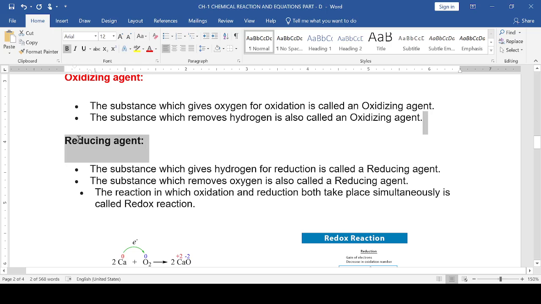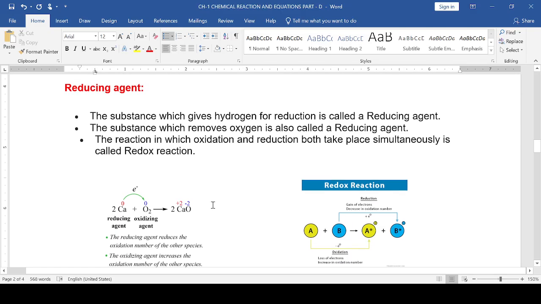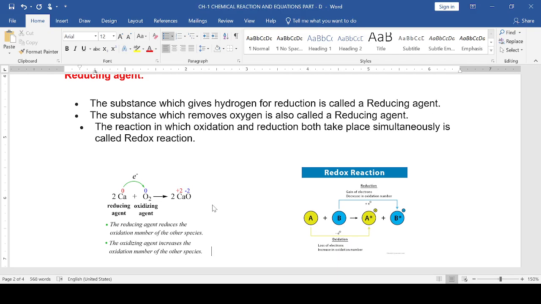What about the reducing agent? The substance which gives hydrogen for reduction is called a reducing agent, or the substance which removes oxygen is called a reducing agent.